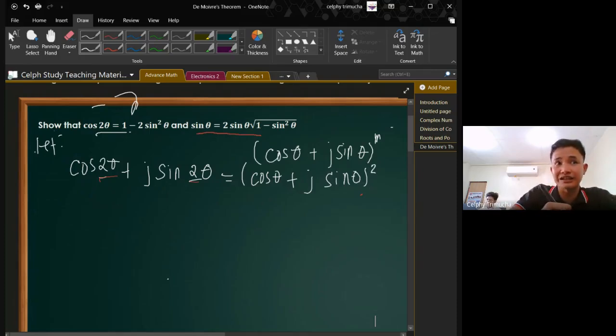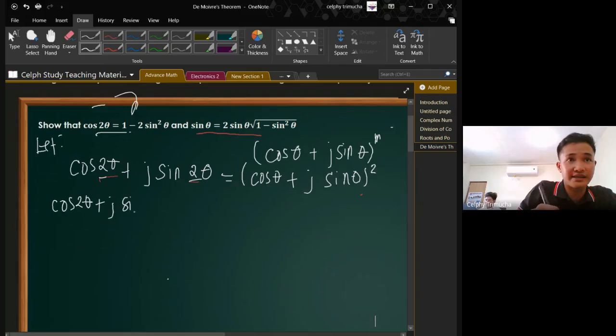So, take note nga, let lang ni, depende sa aton nga equation. Let cosine 2 theta plus j sine 2 theta is equal to (cosine theta plus j sine theta) squared. So now expand the right side of the equation. We will have, so copy ko lang, cosine 2 theta plus j sine 2 theta is equal to, expand ko lang right side of the equation.